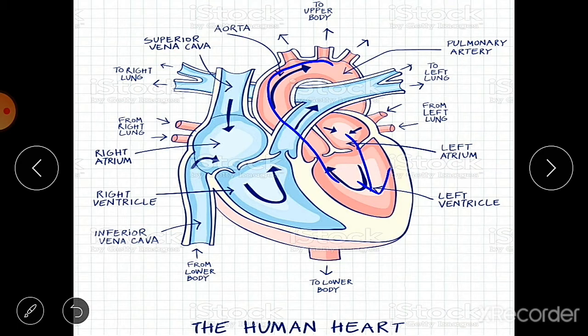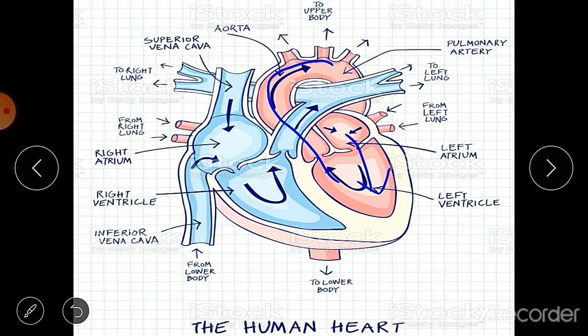Aorta is a major artery which is connected to the heart, and this aorta again divides and redivides and many arteries are formed, and then this oxygenated blood is supplied to the different body parts through these arteries. So in this way the blood is collected by the veins and distributed throughout the body by the arteries.